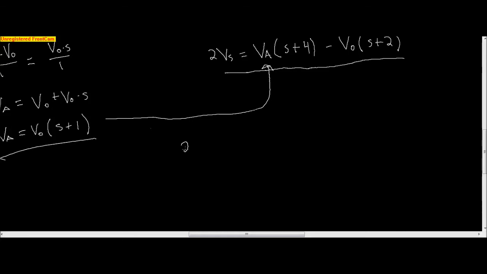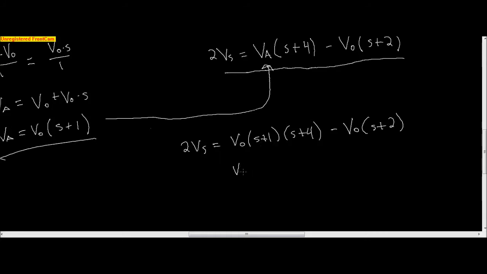So we have 2VS equals VO times S plus 1 times S plus 4 minus VO times S plus 2. Okay, so let's FOIL these out.